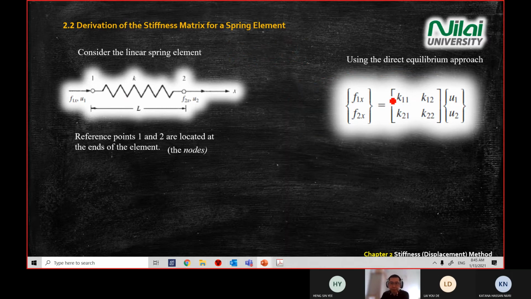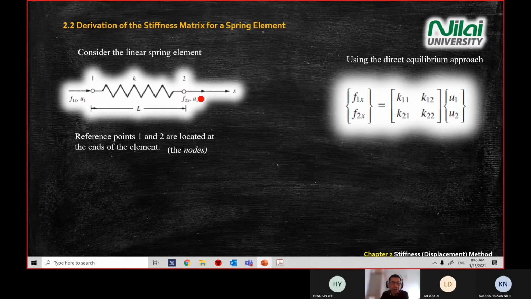Now, we're going to explain how you build this stiffness matrix. Before I explain, if you look at this element, point 1 and point 2 are free to move, which means this spring is able to move in the x direction.